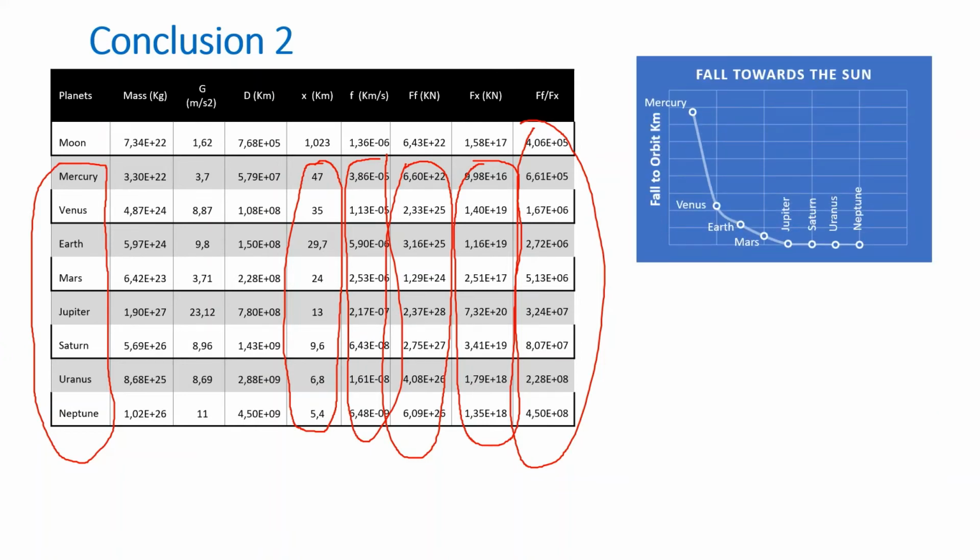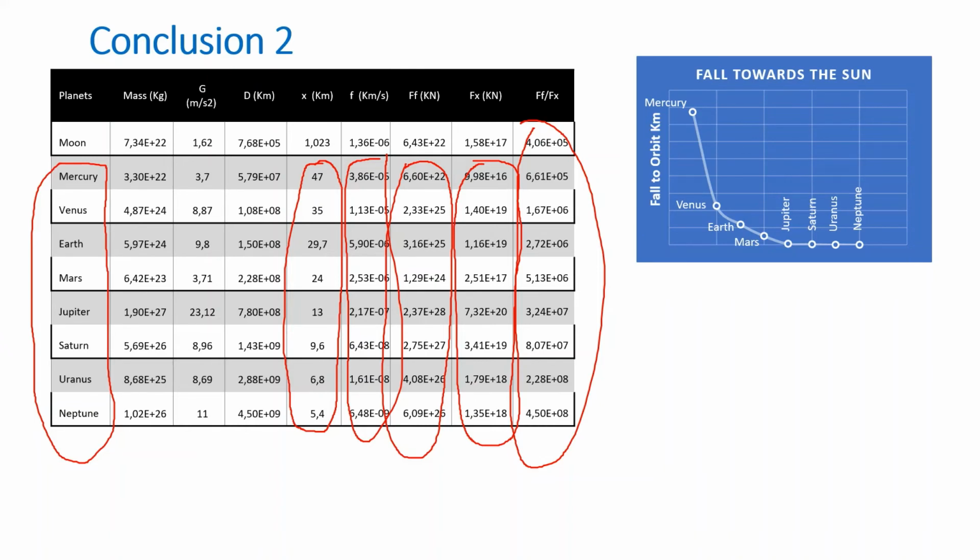The following graph shows the ascending or descending relation between the fall of the planets in their orbits, starting from the planet Mercury to the farthest planet from the sun, which is Neptune.